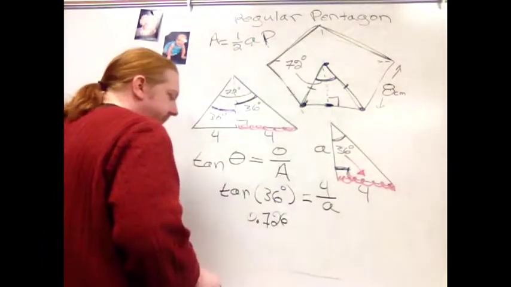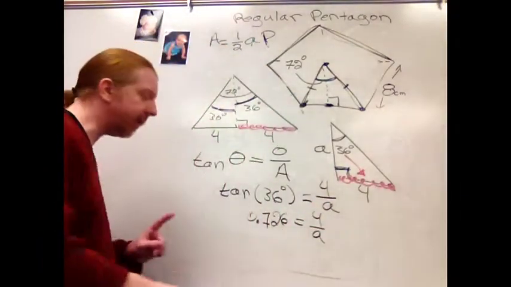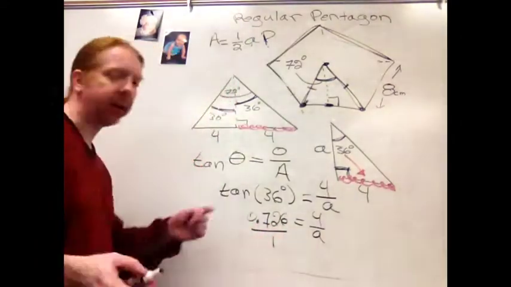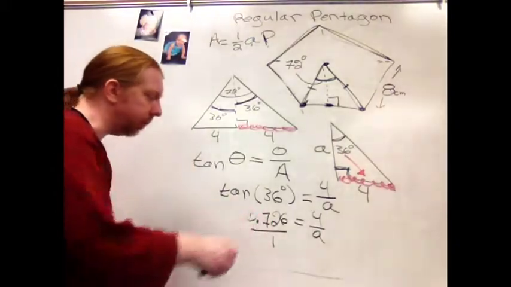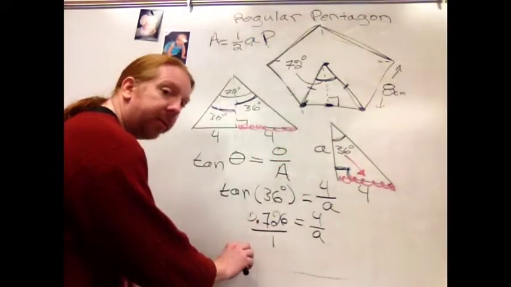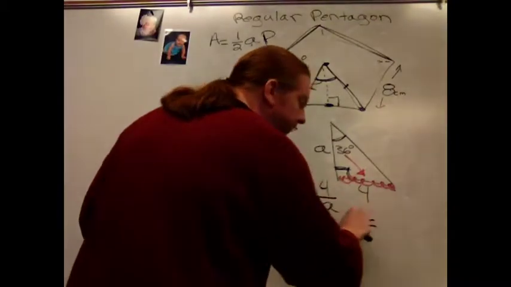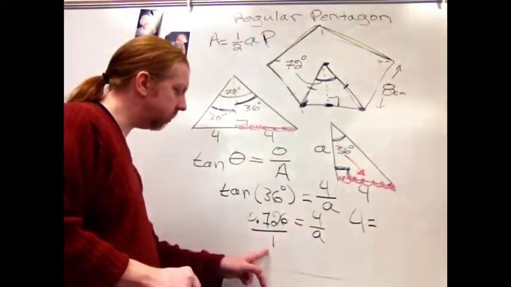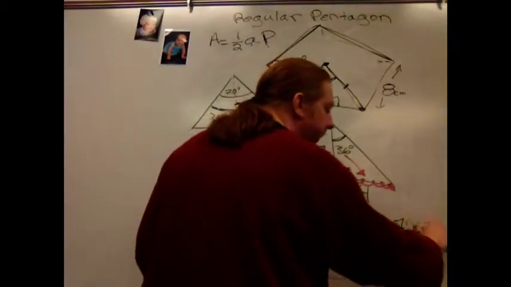0.726 is 4 over A. I'm going to write this as over 1 so that it's a proportion I can solve. I cross multiply. That's going to give me 4 times 1 equals 0.726A.